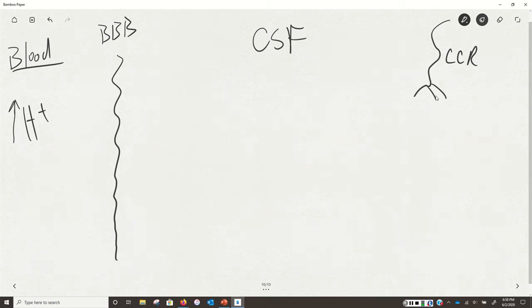It needs to get to those central chemoreceptors, but it can't. You know why? Because of that positive charge. Remember, things with a charge cannot cross the blood-brain barrier. So central chemoreceptors are absolutely useless for detecting the pH of the blood. I'm just going to put an X through that. We will see a mechanism to detect that later.